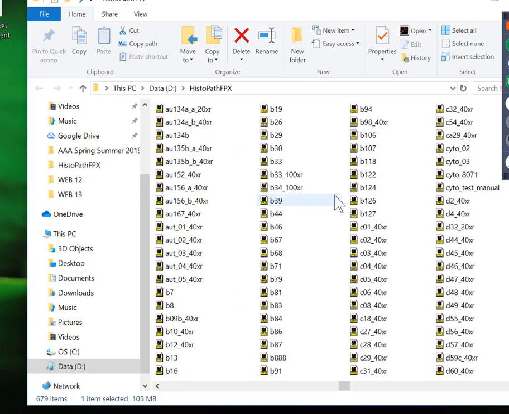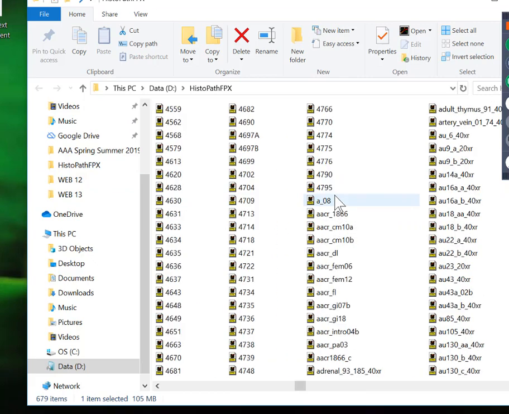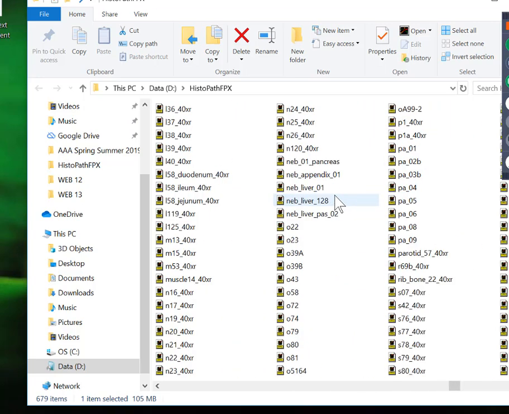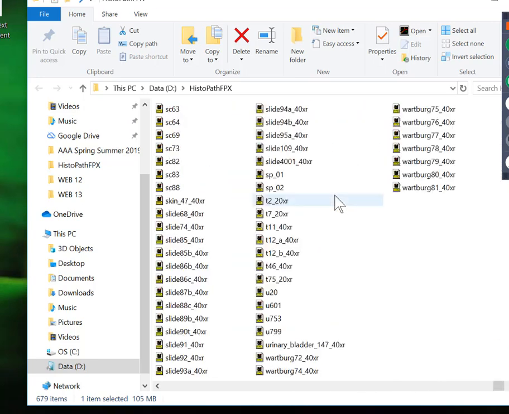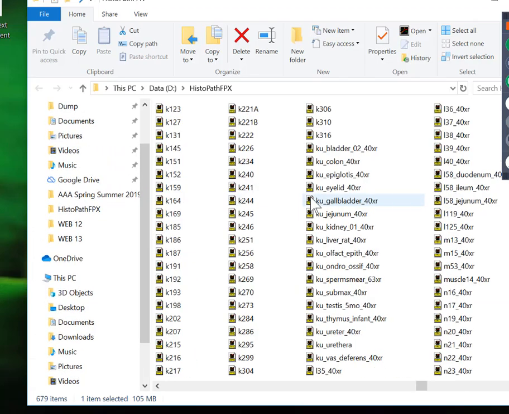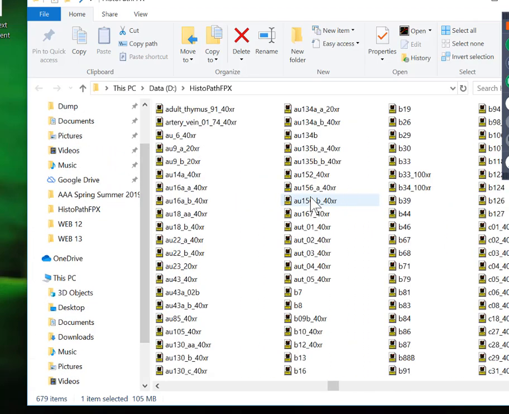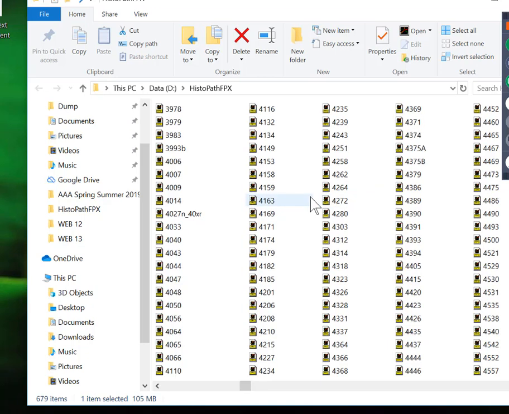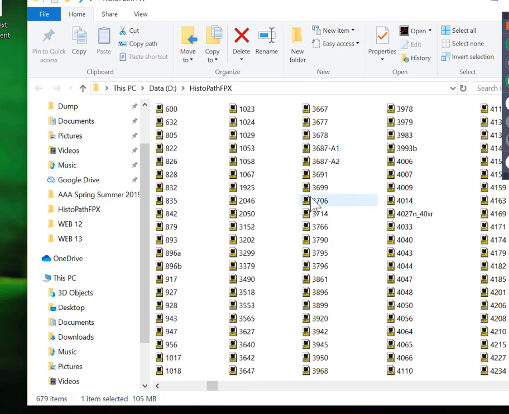I don't know if I'll show all three, but at least I'll show two. 3975 looks like it's over... whoops, something got screwed up. Is it backwards? Somehow this thing was reversed.